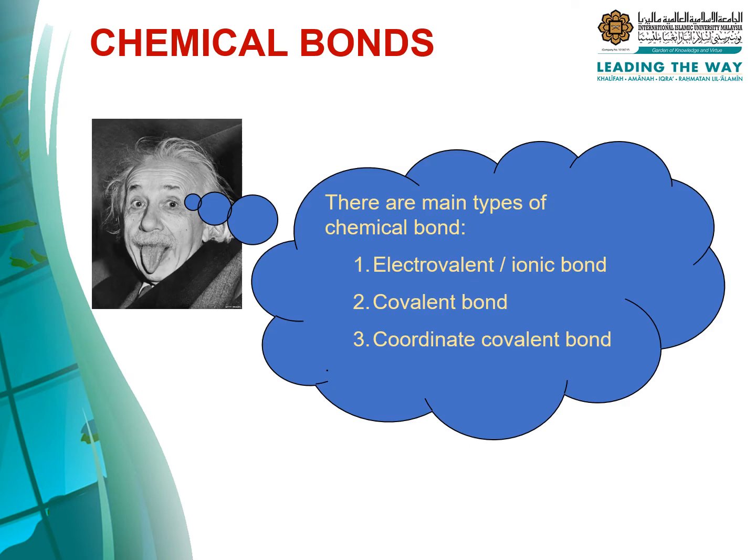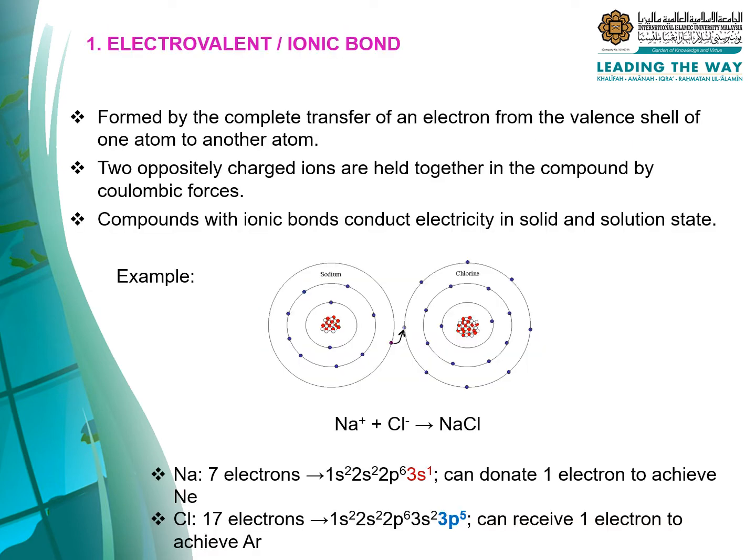The main types of chemical bond are the electrovalent or ionic bond, the covalent bond, and the coordinate covalent bond. We will talk about these types of bond one by one. First, the electrovalent or ionic bond. An electrovalent or ionic bond is formed by complete transfer of an electron from the valence shell of one atom to that of another atom.